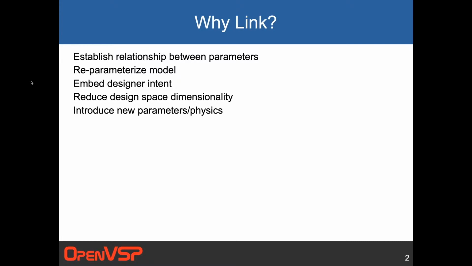So instead of, when you're making a change, having to update 5 variables, you may only have to update 1. And through this, you can even go so far as to introduce new parameters and some physics into your model. And used appropriately, all of these things can be really powerful to allow you to build very expressive models with as few parameters as possible.